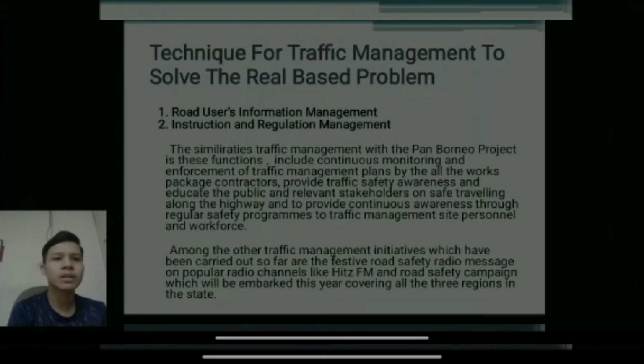Among the other traffic management initiatives carried out so far are the festive road safety radio message on popular radio channels like Hits FM and a road safety campaign, which will be embarked on this year, covering all the 3 regions in the state.